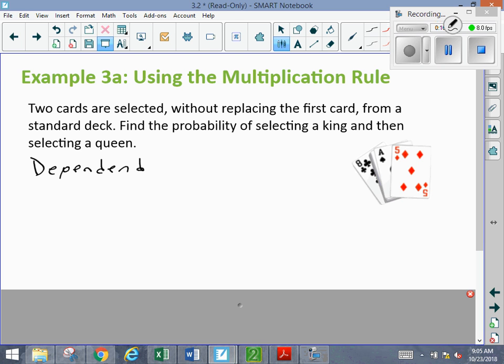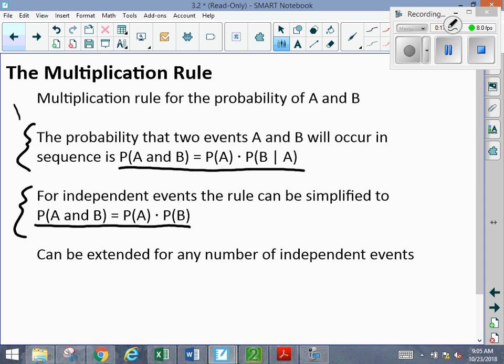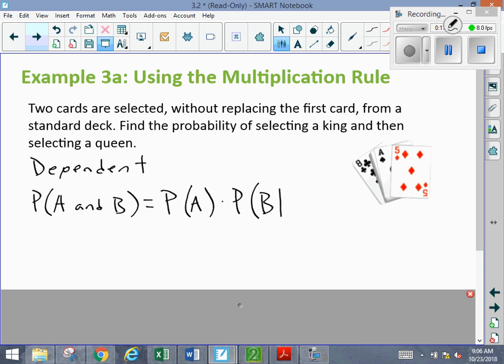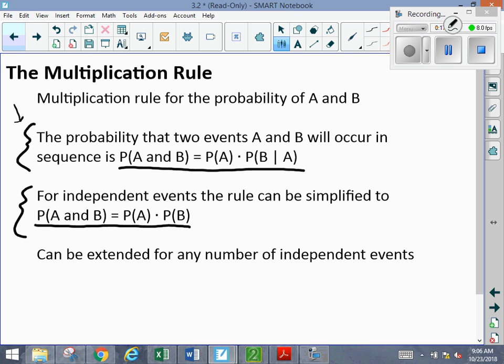So that means I have to use this formula: the probability of A and B is equal to the probability of A times the probability of B given A. Make sure I wrote that down. Cool.